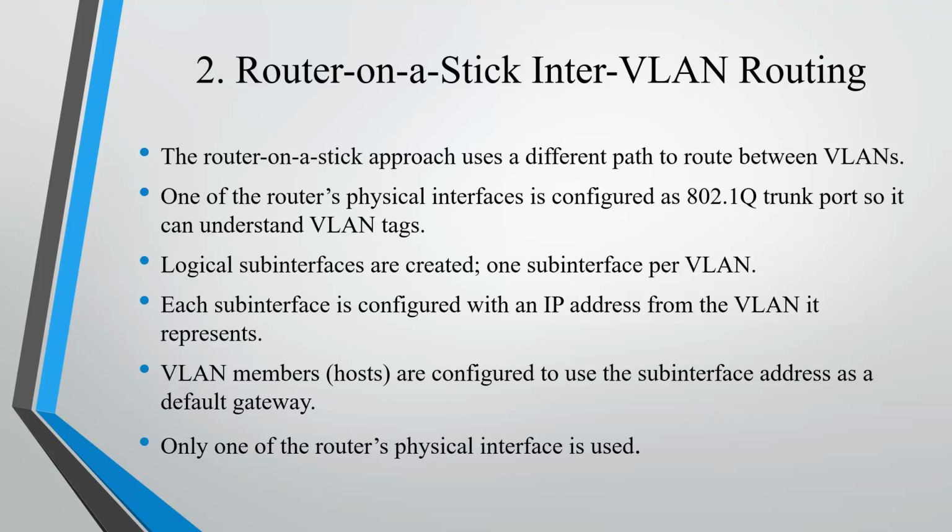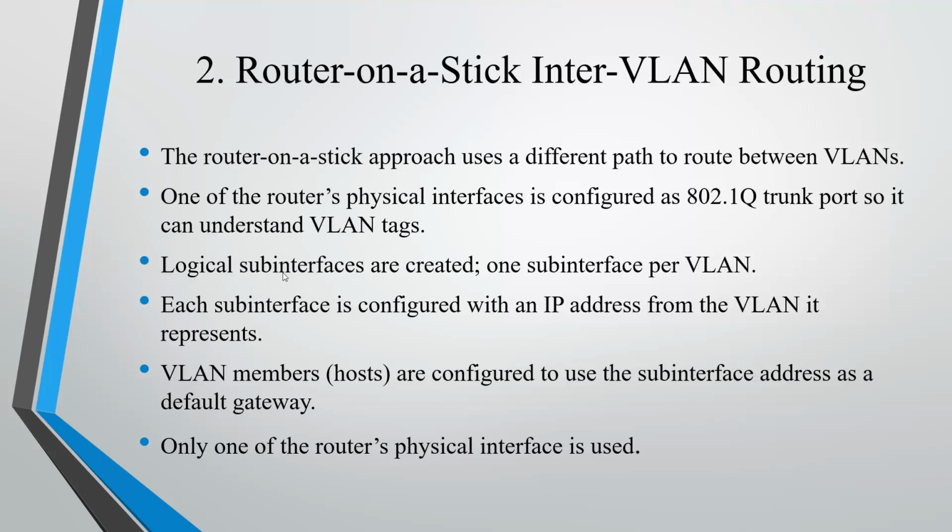It is mandatory, it is a must, you have to create them. Based on the number of VLANs, if you have 3 VLANs, you have to create 3 sub interfaces. If you have 5 VLANs, you have to create 5 sub interfaces. This is a very important point as far as Inter-VLAN routing is concerned.